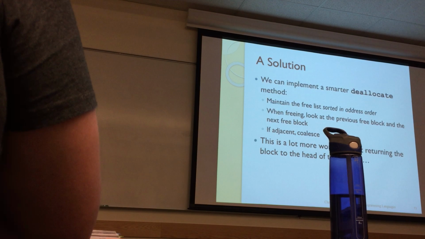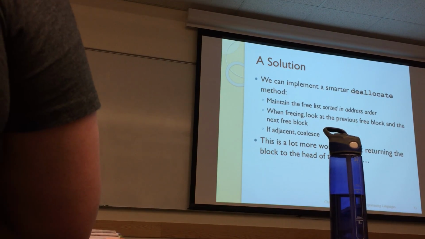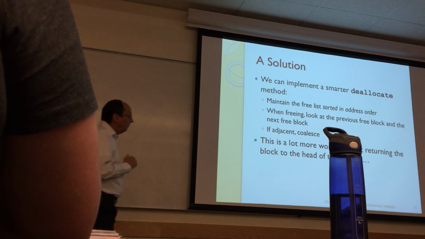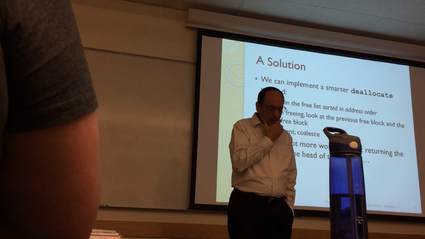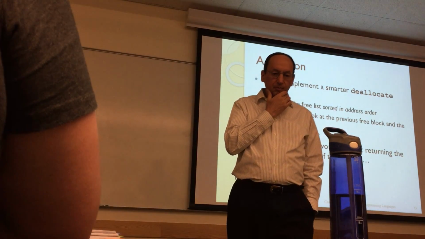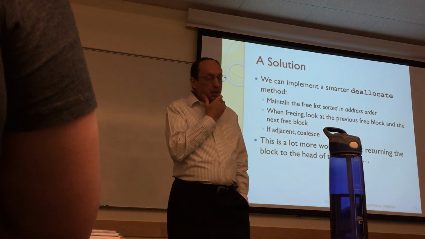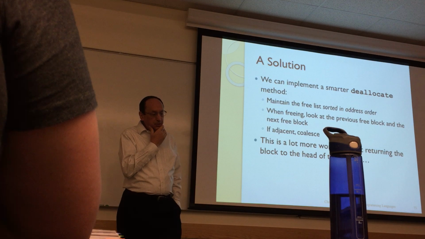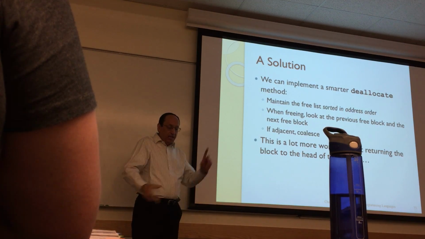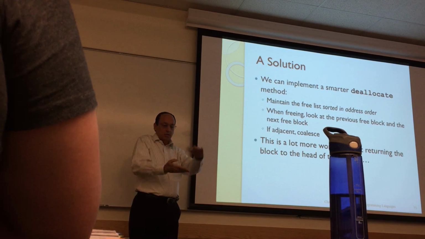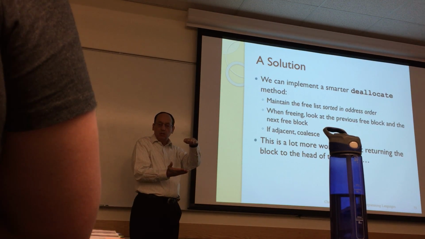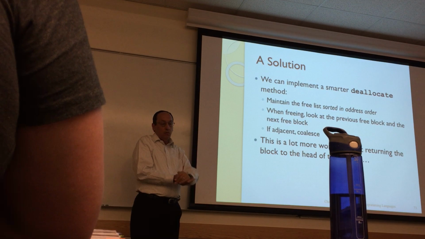And so the idea there is we have to do what we call coalescing. We need to have a smarter deallocate method. And unfortunately, this is a lot of overhead. But somehow, we need to be able to determine if I have 2 adjacent blocks in memory, why don't I just combine them into one bigger block? And that's called coalescing. Well, how can we do that?